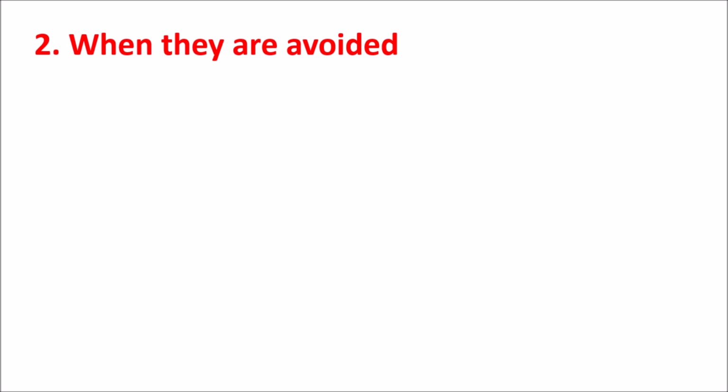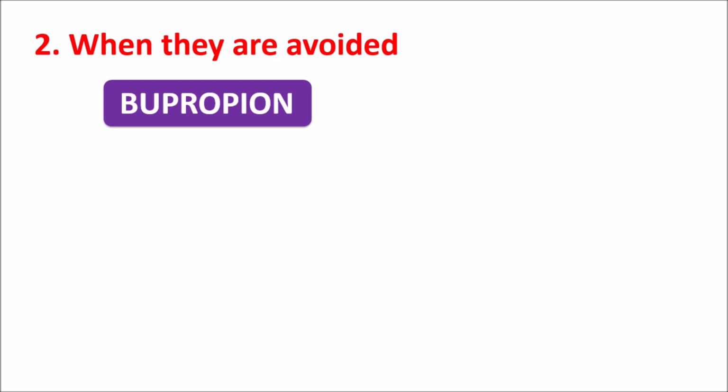Second comparison, when they are avoided. What are the contraindications of these two drugs? Bupropion is particularly contraindicated in people having a history of seizures. Since Bupropion can induce seizures, in people with any history of seizure induction, Bupropion should be avoided. Similarly, those drugs which increase the risk of seizure induction should be avoided with Bupropion.